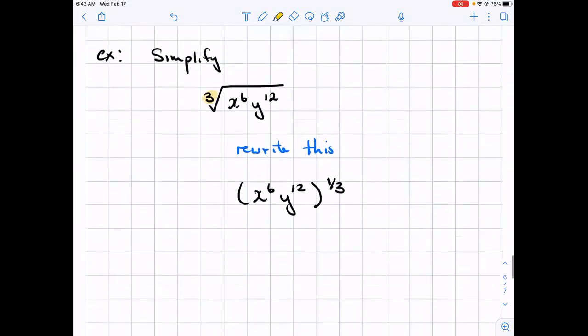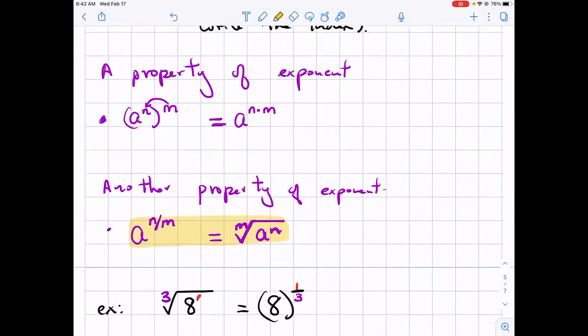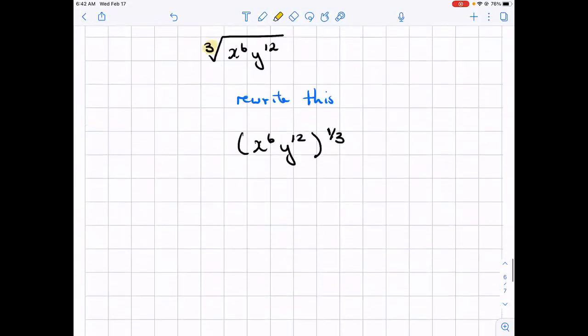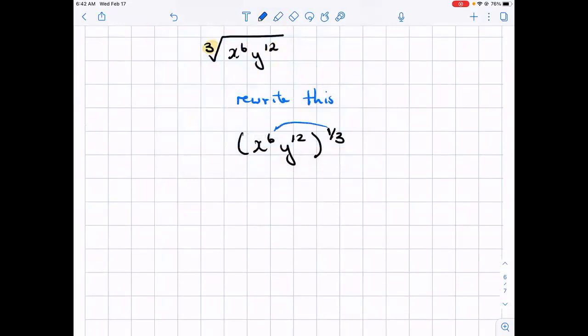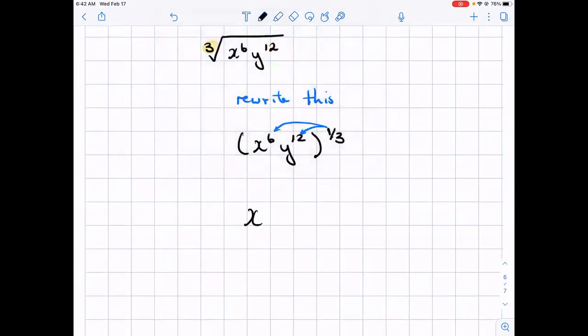Using the first property of exponents I listed, we can distribute this exponent to the exponents on the inside. By doing this, we have x to the 6/3 times y to the 12/3.